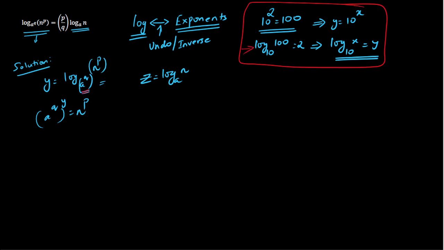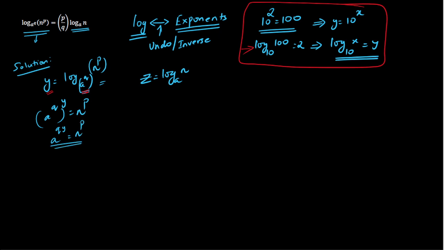So a to the power q to the power y will give you the n to the power p that you all know. So now let's simplify. The q and y can be multiplied, equal to n to the power p. So this is where we arrived at.